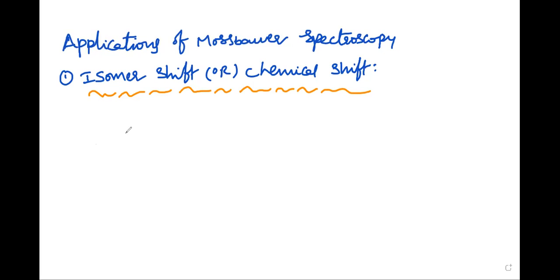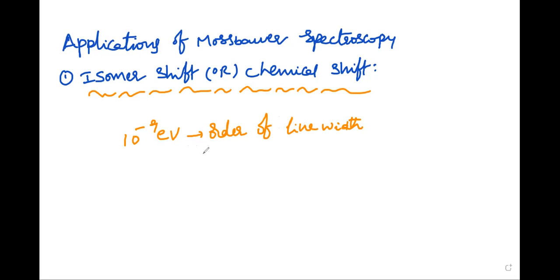Since the hyperfine splitting line width is of the order of 10 power minus 9 electron volts, the line width in the hyperfine splitting changes with changes in chemical environment.